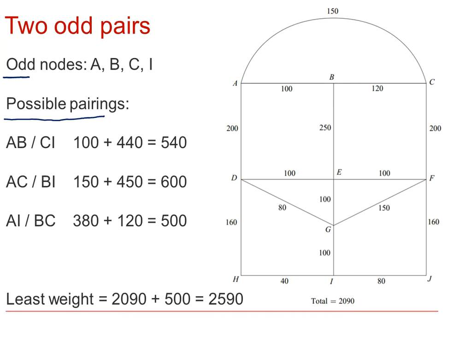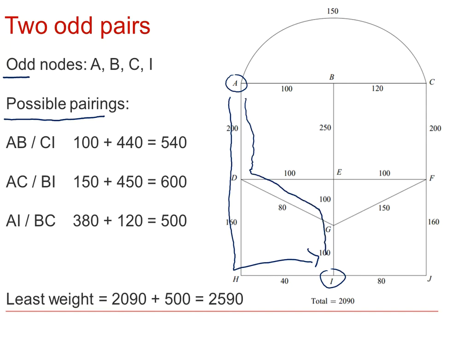So, for example, between A and I could have taken this route or this route, or I could also have considered this route to see which is the least weight. Once I've identified all the least weights for the possible pairings, I then compare them and check to see which was the minimum. I then needed to add this to the total.